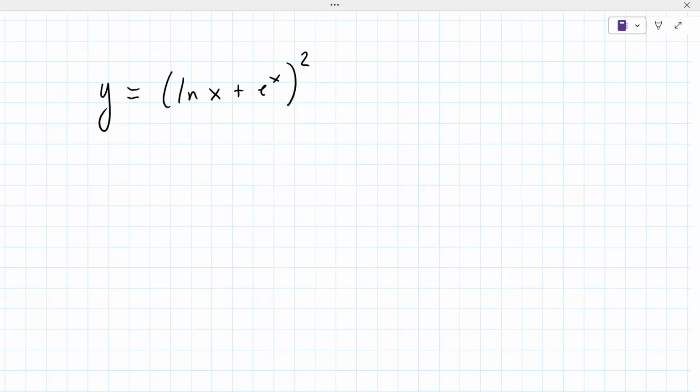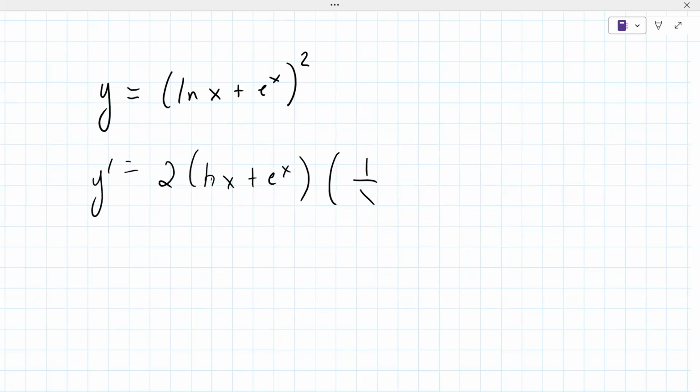So I bring the 2 down. So 2 times ln of x plus e to the x, times 1 over x plus e to the x. Really good, really, really good. Okay, I think you're getting it.